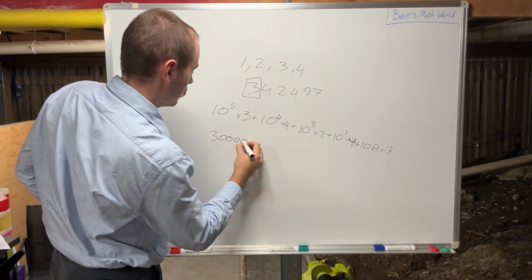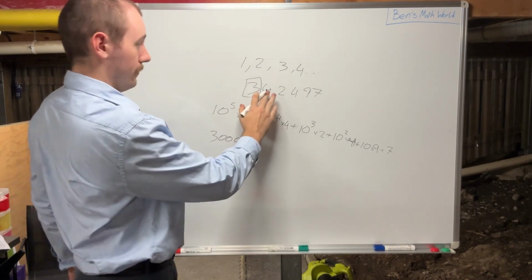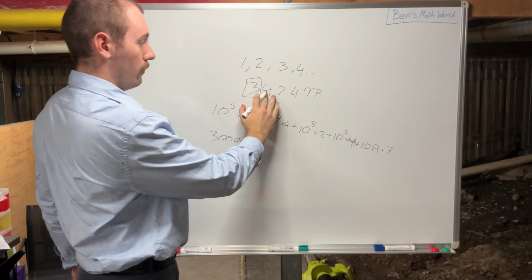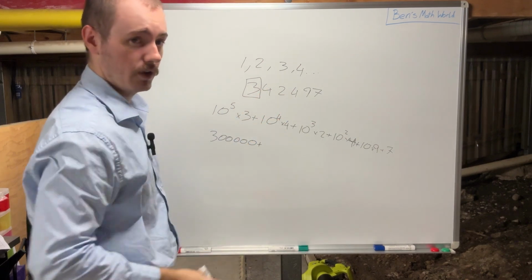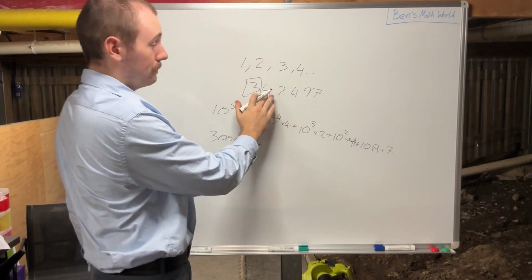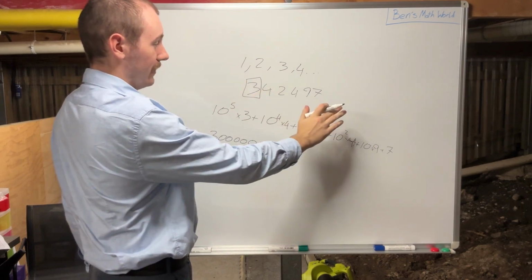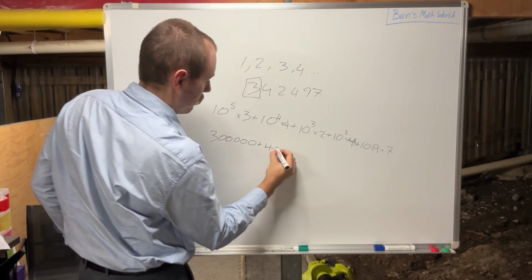So let's write that. And now let's do the next digit, which is a 4. The place value is 40,000, but the digit is just 4. So this 4 here, it is a 4, but it has a place value of 40,000. Okay, so 300,000 plus 40,000.